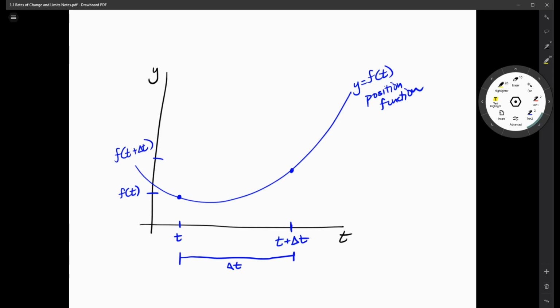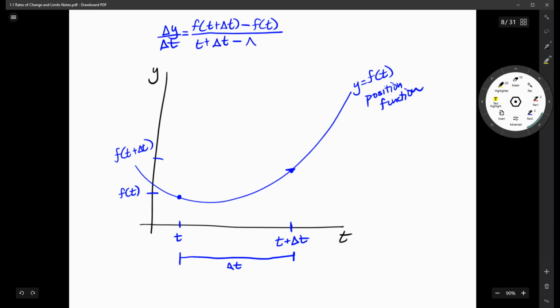So the change in distance over change in time is calculated like this. We'll take the second distance, which is the second y value, f of t plus delta t, subtract the first y value, that's f of t, all over the second time value, which is t plus delta t, subtract the first one, which is t.